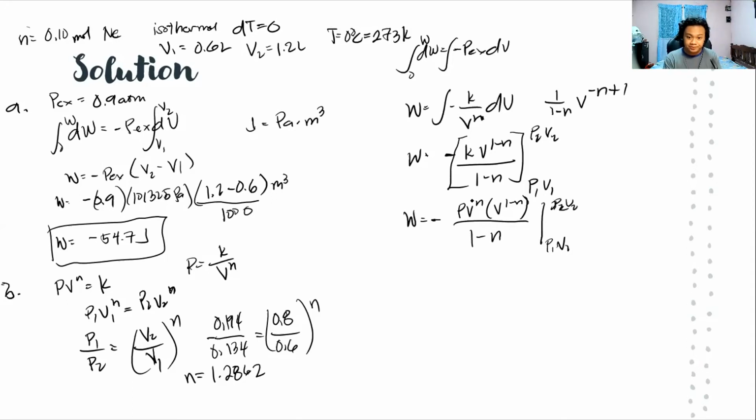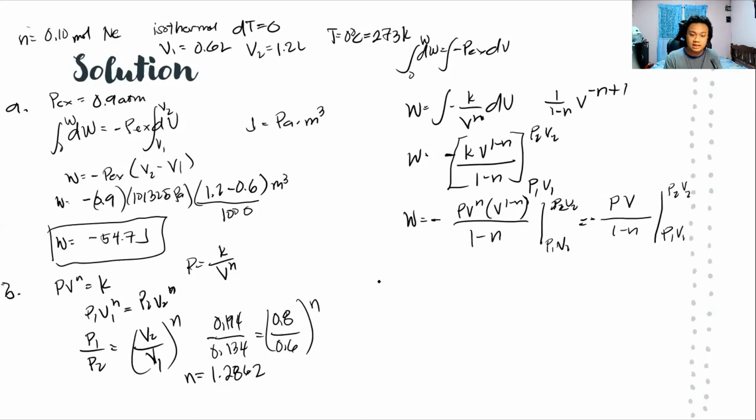Okay, so simplify this expression here, and then you can get the PV over 1 minus n, negative, and then evaluate that in P2 and V2.